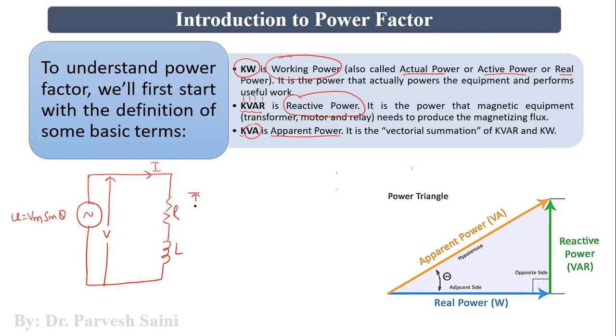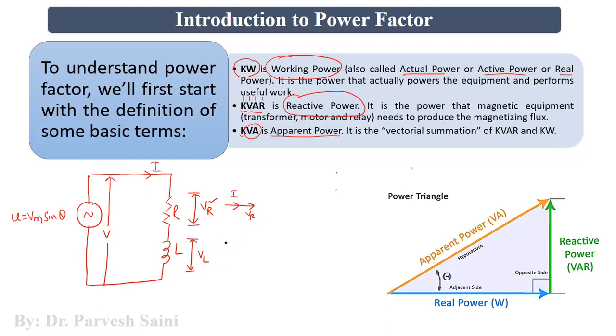then this resistance will have a voltage drop given by VR, where VR is the RMS value of the voltage drop across the resistance, and similarly VL is the voltage drop across the inductance, right? So when we draw the phasor diagram, for the resistance, VR and I will be in the same phase. So we have VR and we have I, both in the same phase.